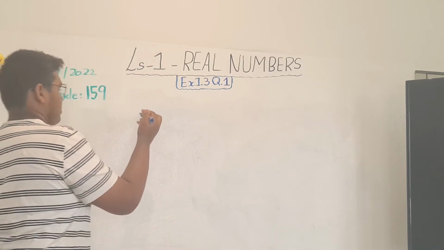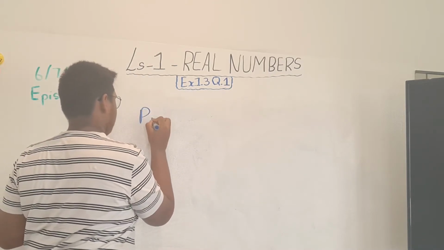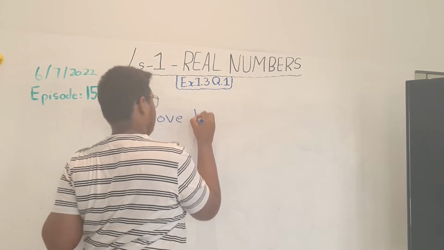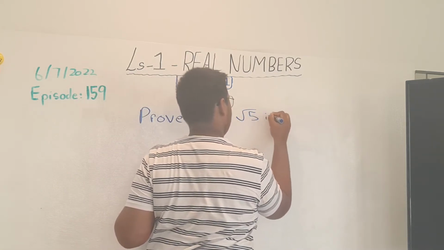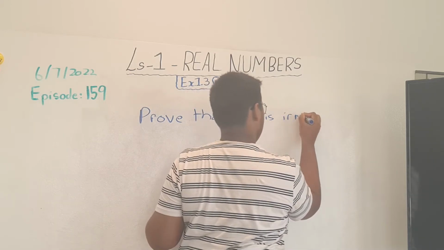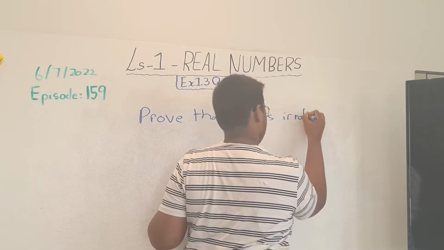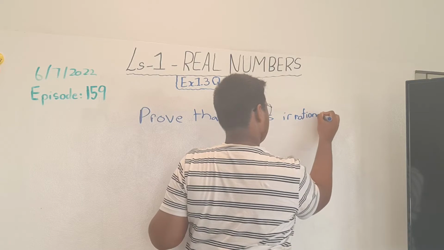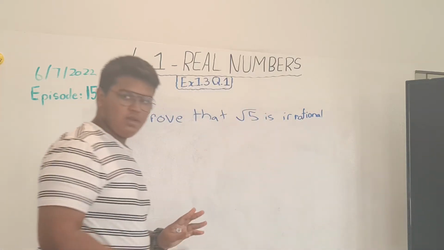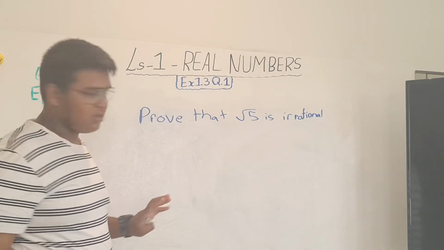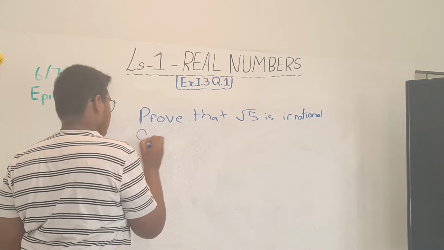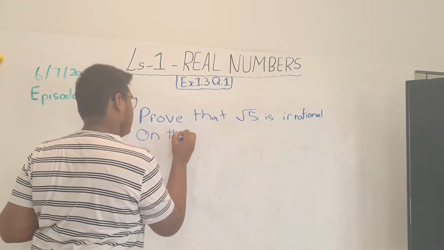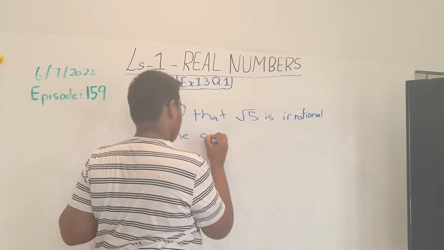The first question is: prove that root 5 is irrational. Now over here, our answer will be by contradiction.